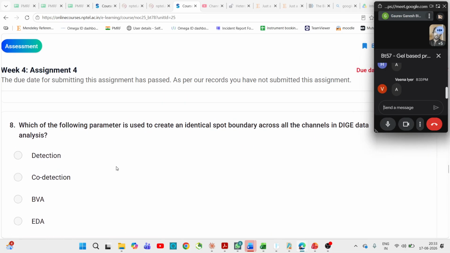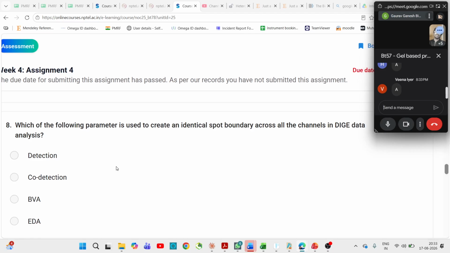Which of the following parameters is used to create identical spot boundaries across all the channels in DIA data? Spot boundaries. Yes, everyone.